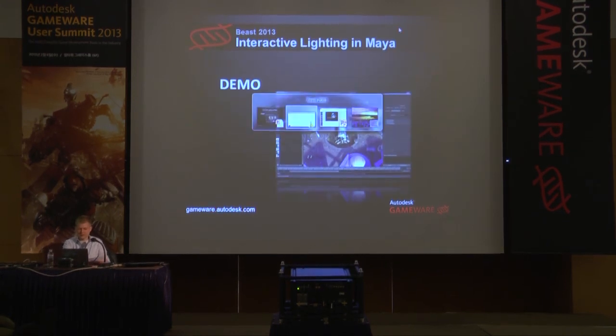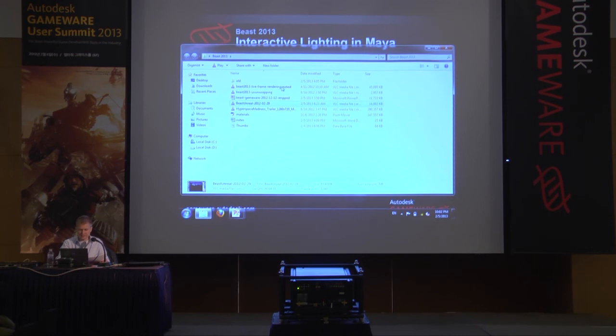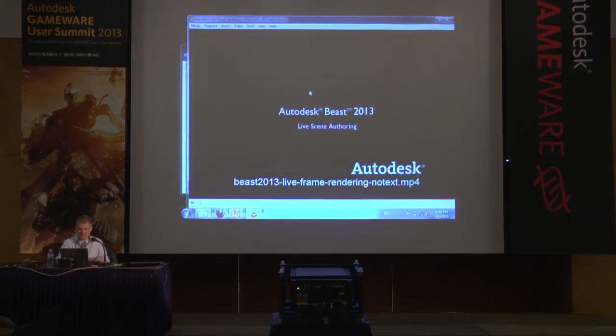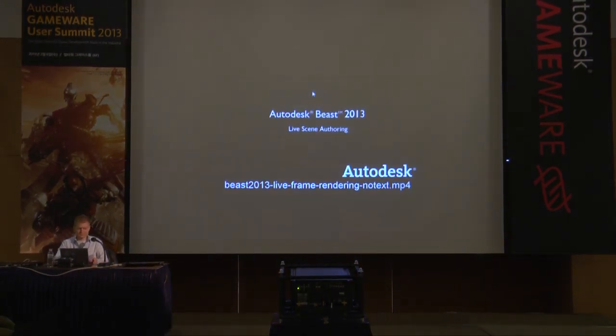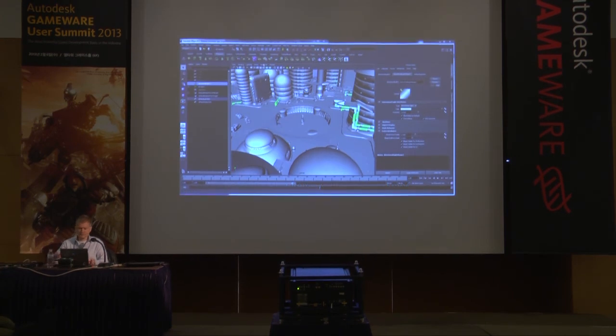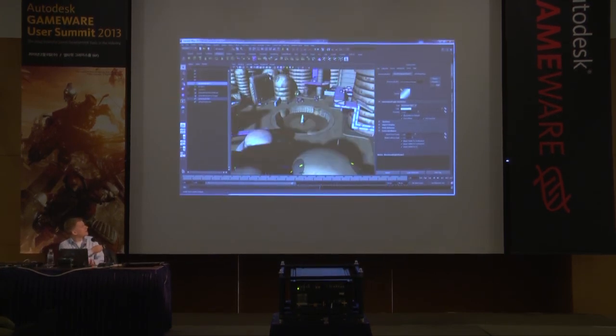So let me show a video of frame rendering in Maya. Here we have Maya and our light maps. And this is where we're going to see the camera angle moving around. And every time the frame updates, it starts out real pixelated and blocky.